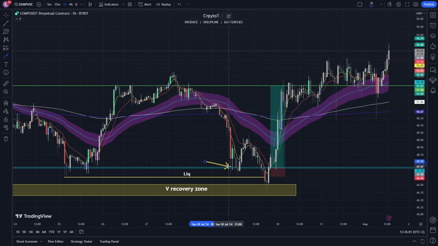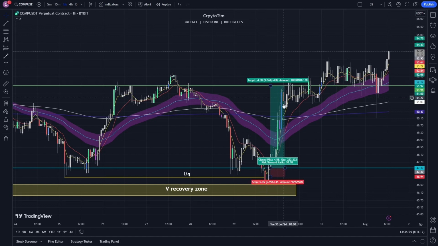So there's a lot of retail jumping into long positions here. We see this small retrace or move back up. The retail traders are getting validation for their trade, and we come back down all the way down to liquidate and stop all these retail traders out, to then from there have a sharp reversal and shoot up.